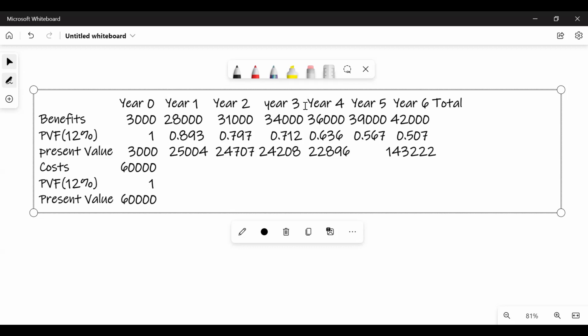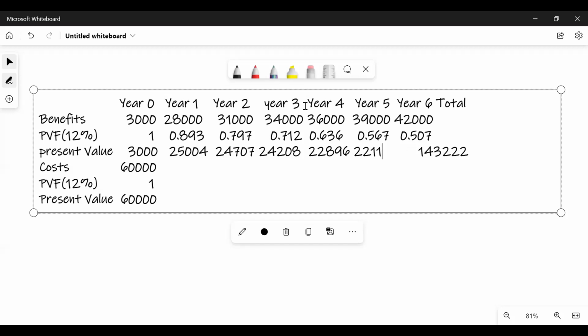Similarly, when you multiply 39,000, we should be getting 22,130.